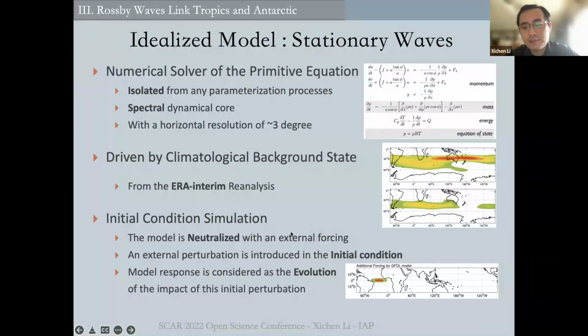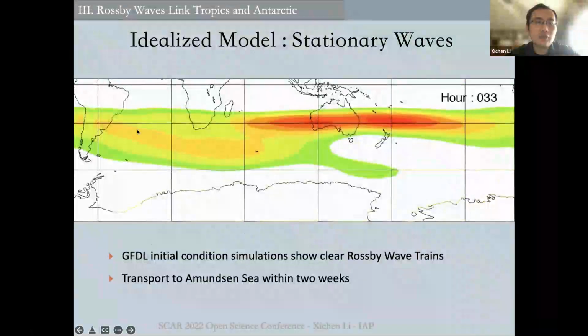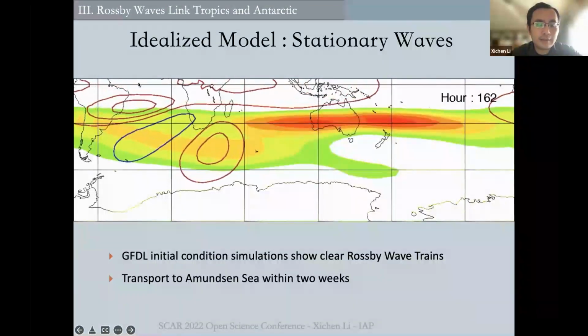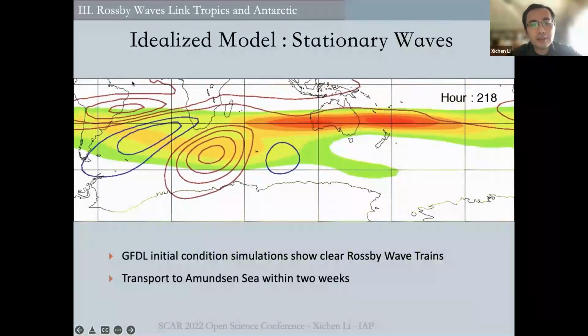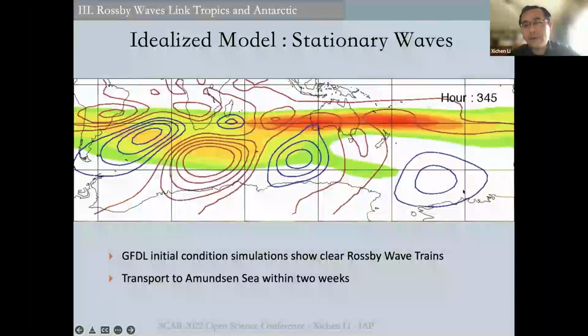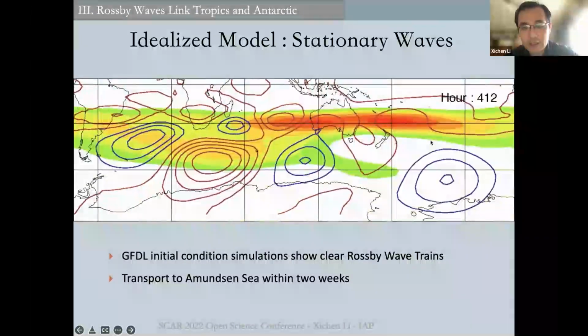We thus perform some idealized simulation. We find that it's true that the tropical Atlantic-induced teleconnection induced a Rossby wave train. It can propagate to the south and to the east, go around the globe, and finally arrive at the West Antarctica.